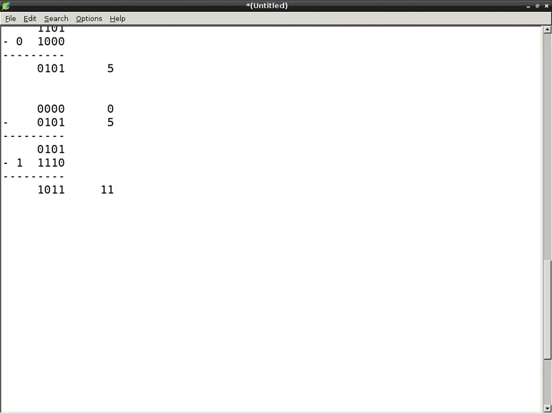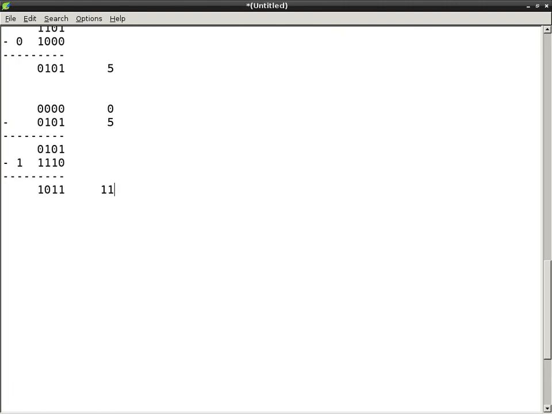So now we can look at these particular bit patterns here and ask how I should be looking at them.